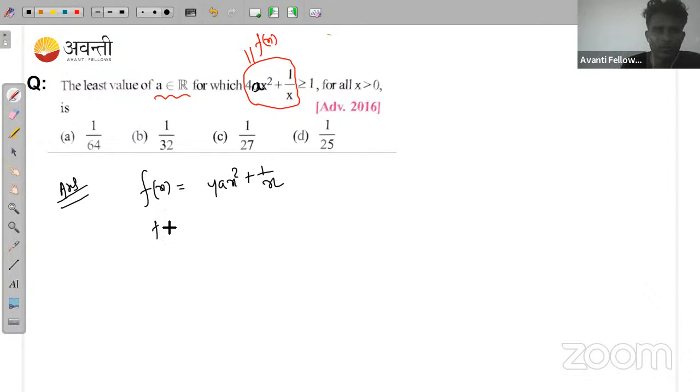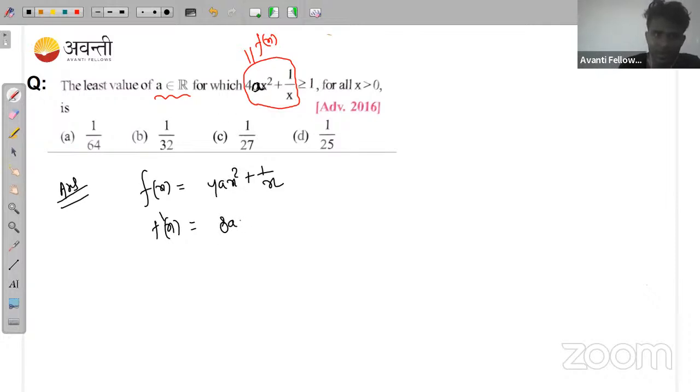Now, we have to find its maximum and minimum value. We have to check where it attains maximum or minimum. This function is greater than equal to 1, that means its minimum value is 1. So let's verify, and using that concept, we will find the value of a.